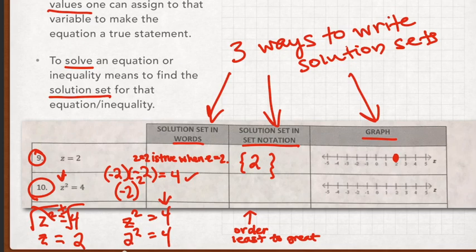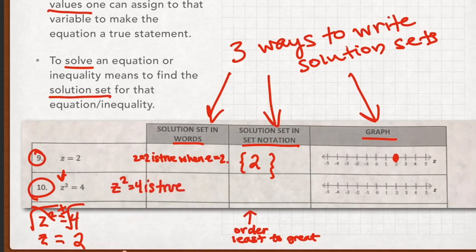And that's where the whole idea comes from that whenever you're taking the square root of a number, the value that you get is going to be either the positive or the negative of that value. So in this case, our solution set has 2 possible values. Z squared equals 4 will be true when z is either a 2 or when z is a negative 2.